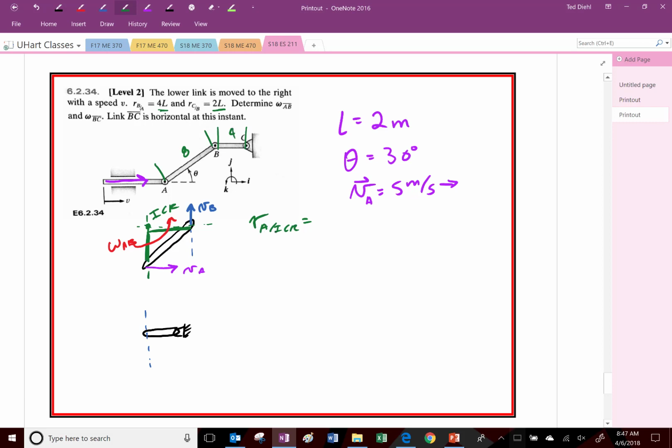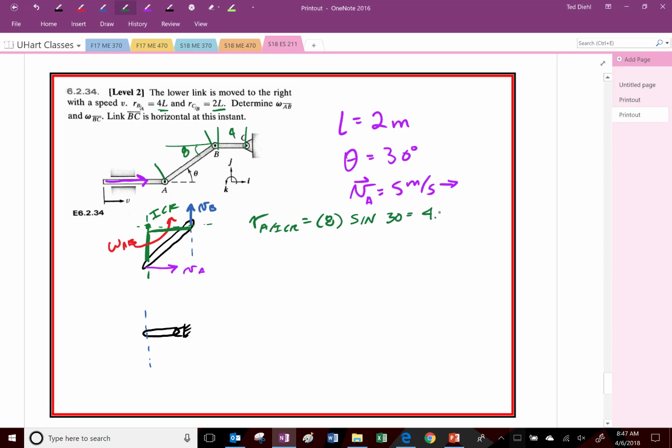So here for my RA with respect to ICR, this is going to be 8 times the cosine or sine, yeah. For the A, okay, yeah, because that means this angle right there is also 30 degrees. So it's going to be the sine of 30 degrees.